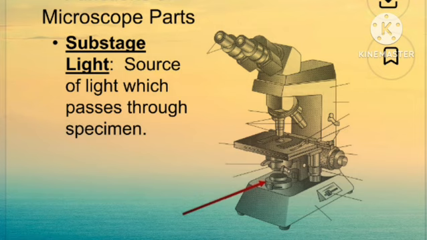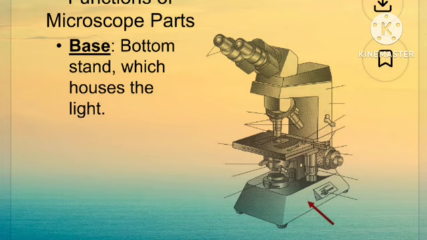Okay, next, the substage light. It is the source of light which passes through the specimen. And next, the base. The base is the bottom stand, which houses the light.